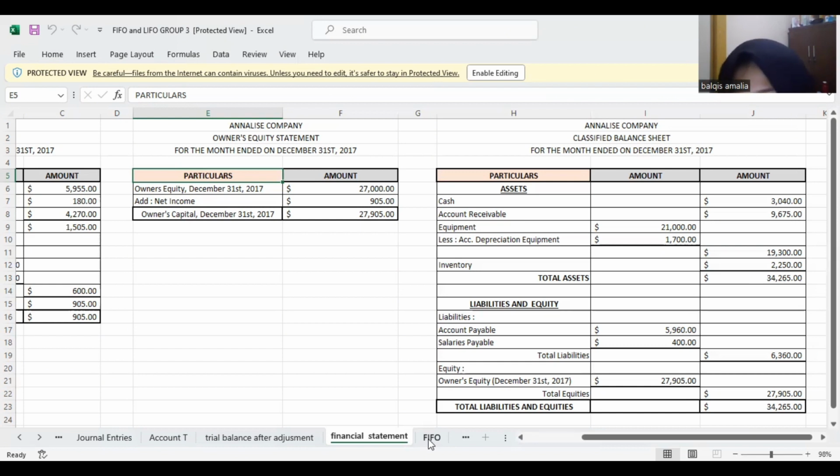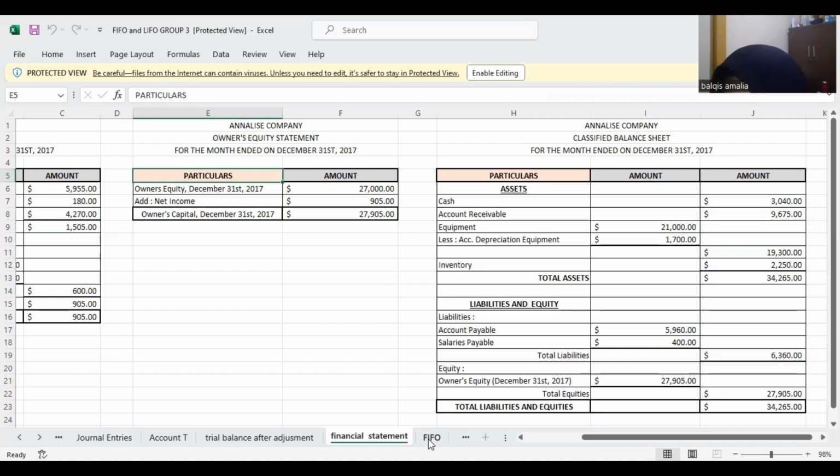We add up all of the assets, and the total assets will be $34,265. And the next one is for liabilities and equity. The liabilities, we have two. It's account payable, $5,960, and salaries payable, $400. We add up those two, will be total liabilities $6,360. We have equity for the owner's equity, which we get from the owner's equity statement for December 31st, 2017.